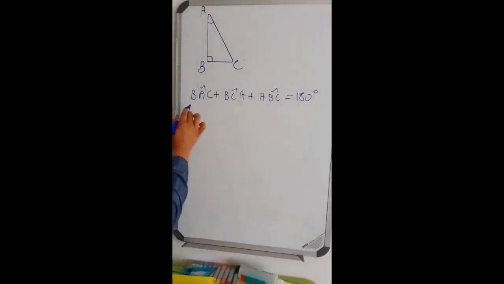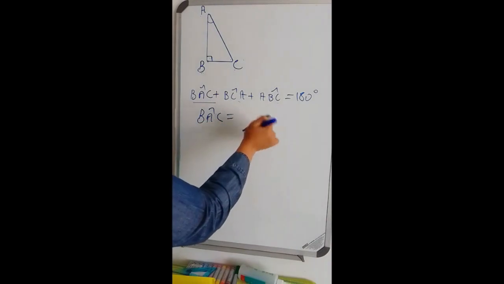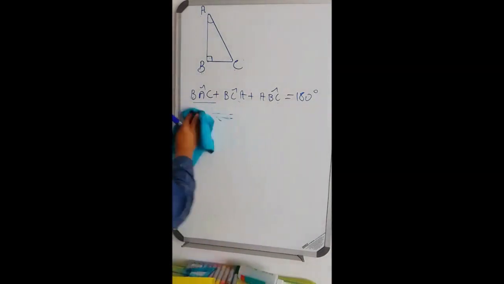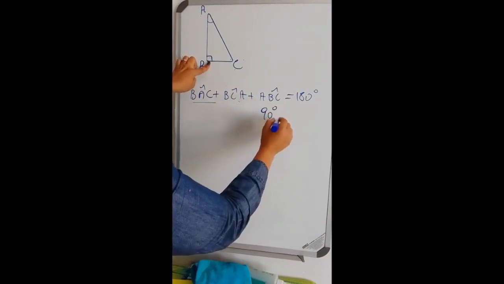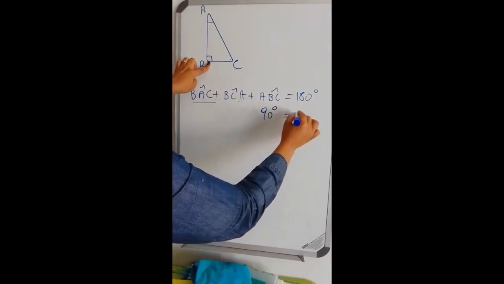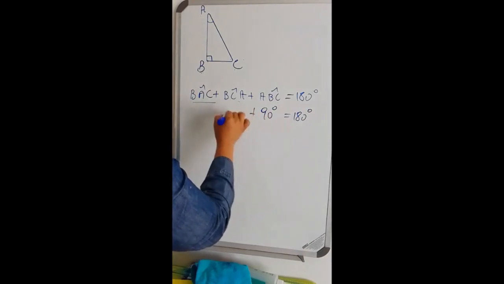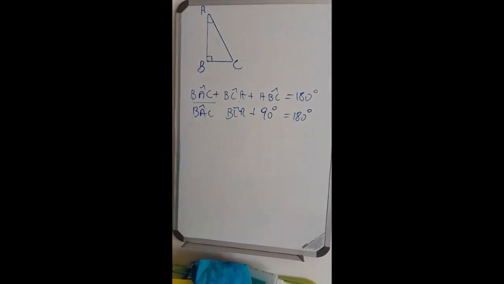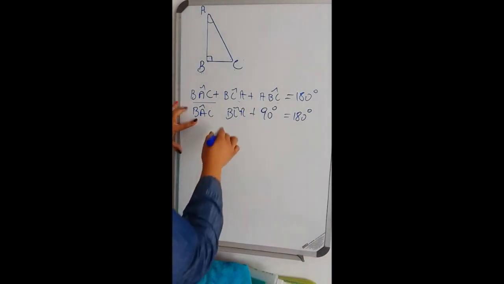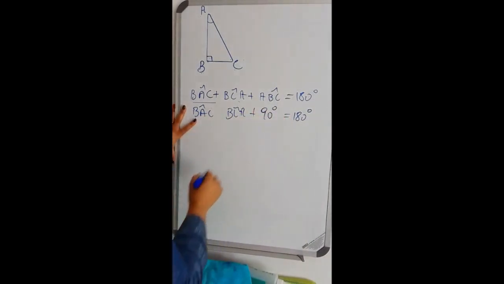Okay, so I can make BAC the subject of the formula. Before that, remember that we have ABC, which is the right-angled triangle, equaling 90 degrees. So from this, we can make BAC the subject of the formula in terms of 90 degrees.